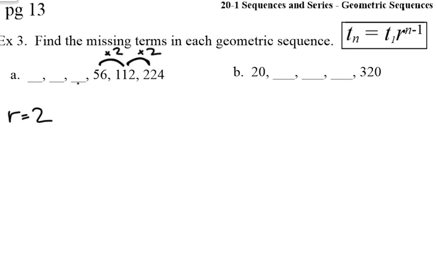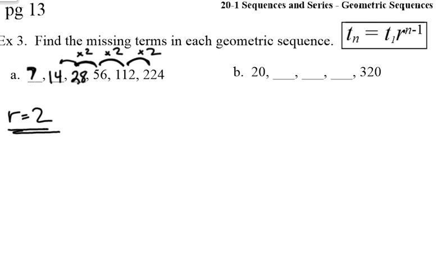How would I get the previous term? Well, if I have to multiply by 2 to get 56, I'm going to divide by 2 to go this way, which would be 28. Divide by 2 to get the one previous, 14. Divide by 2. So in this case, because the R value's there, we're not guessing and checking a whole bunch of things to see if it works. We calculate R to be 2, so then we can use it.